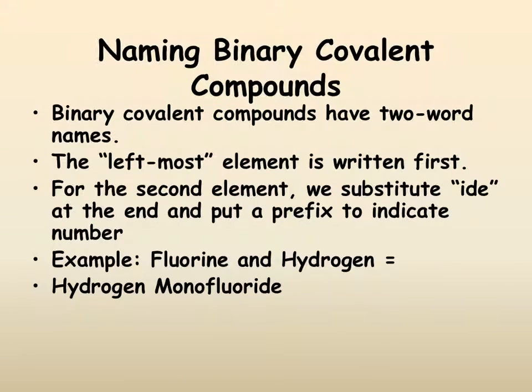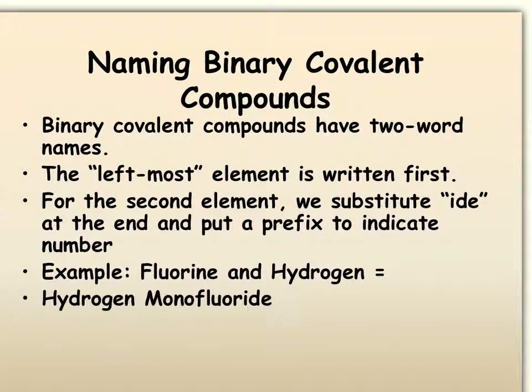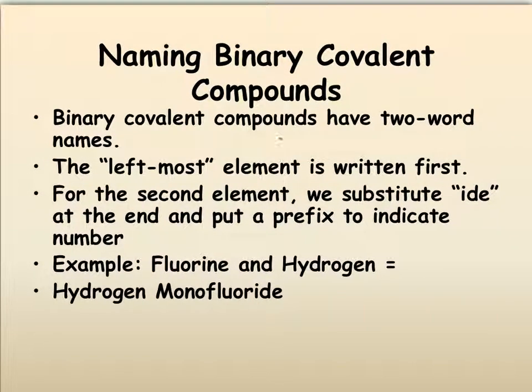So if you're naming these, it's a little easier to start with naming covalent bonds than it is to inherently understand how they bond, because the name gives you a hint as far as how many you need. Like ionic bonding, there are always two-word names. The first is the leftmost element on the periodic table, or the element with the smaller atomic number, in case two things in the same group bond together.